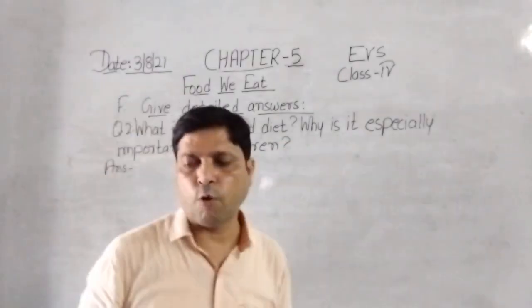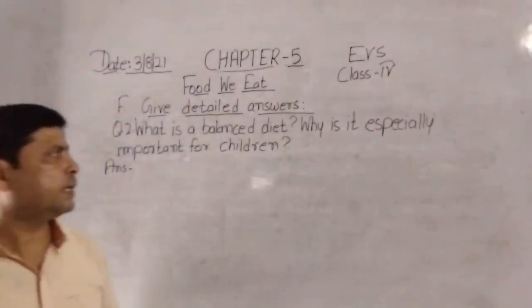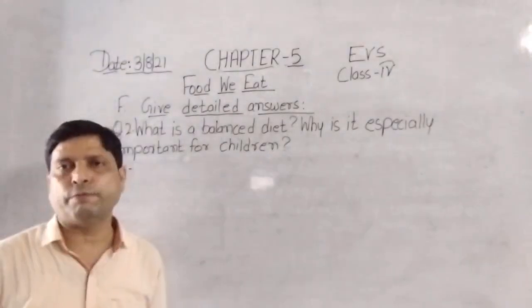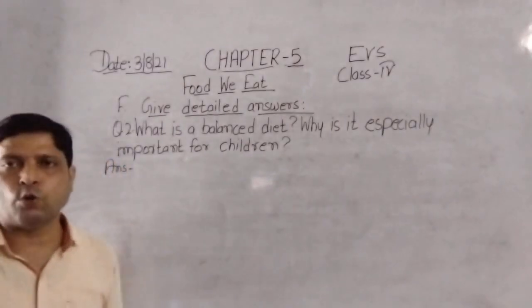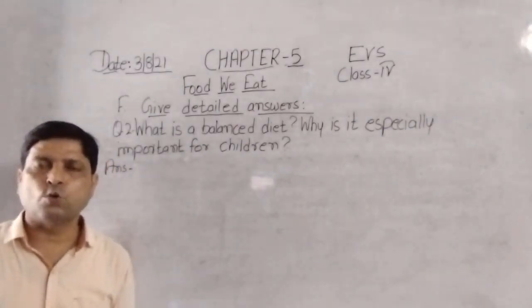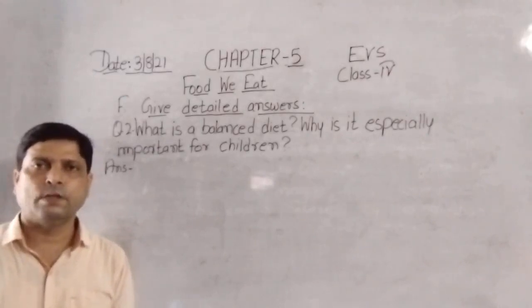So let's first of all discuss this answer with you. What is a balanced diet and why is it especially important for the children? So student, when we are talking about the balanced diet, it is a diet which contains all the nutrients.